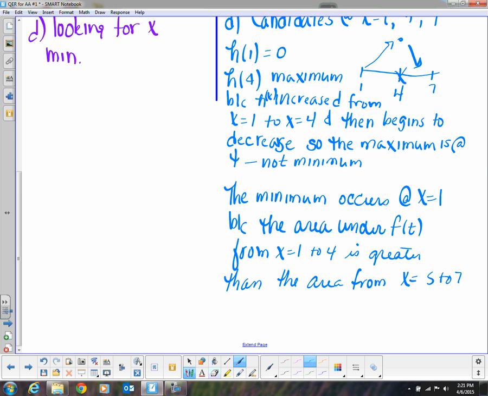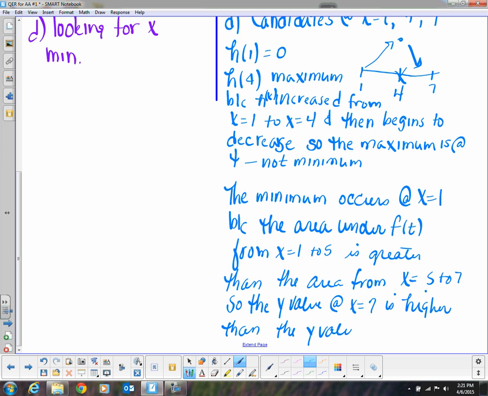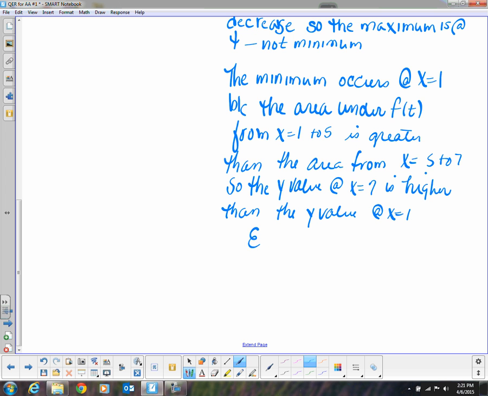And I'm sorry, this is where I should have a 5: from 1 to 5 is greater than the area from 5 to 7. So the y value at x equals 7 is higher than the y value at x equal 1. And then I'm going to add extreme value theorem tells me this.